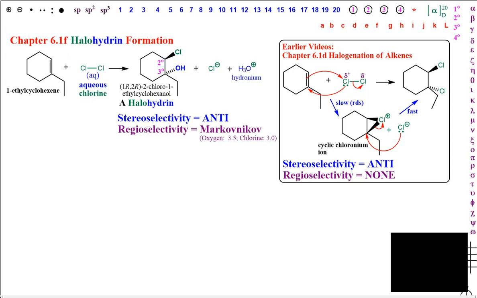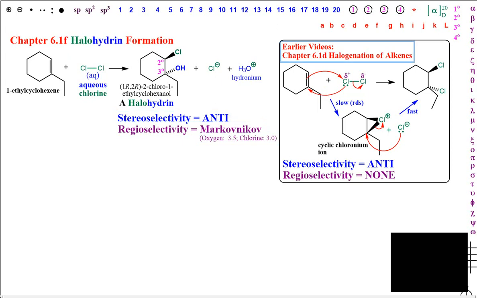The two groups, as a result of this mechanism going by way of a triangle once again, are anti in their stereoselectivity. There's a backside attack on a triangular intermediate, which guarantees anti-stereoselectivity. The mechanism will look very similar to our previous 6.1d exploration.